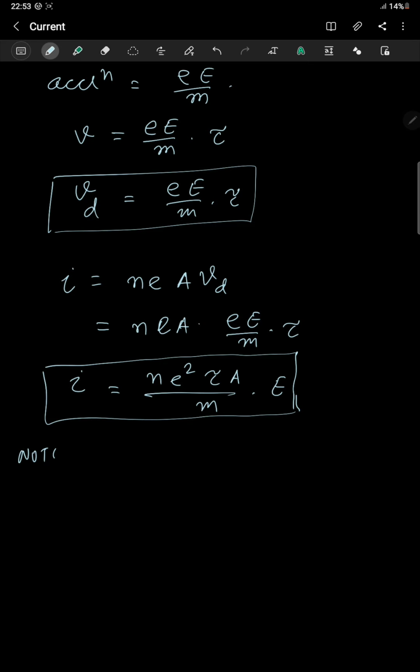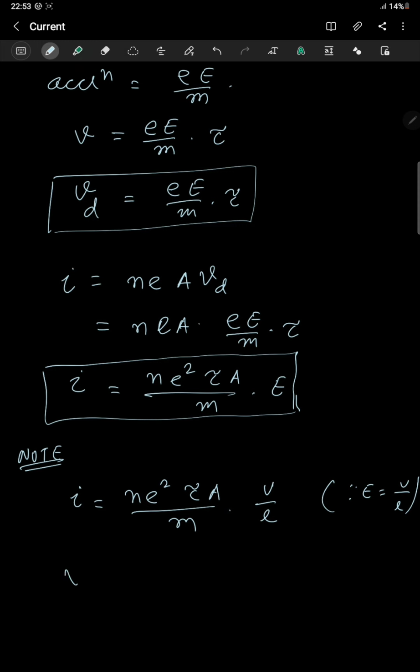Note. Now I can write I is equal to ne squared tau A by m into E. Now instead of the electric field, what I can write is V by L. Why? Because E is equal to V by L. So if I write that, then what will V be?